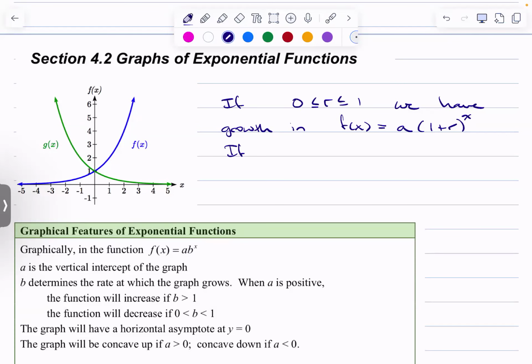And if r is between -1 and 0, not including 0 because I already included 0 in the growth. But if the rate is 0, then really nothing's happening. Then we have decay.